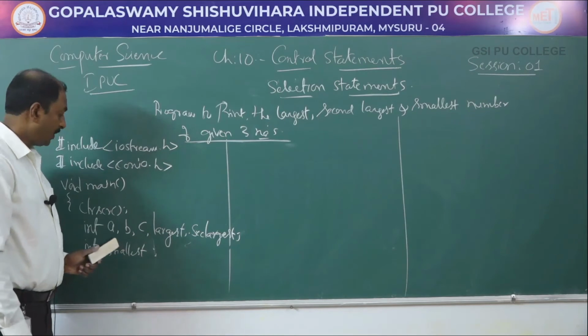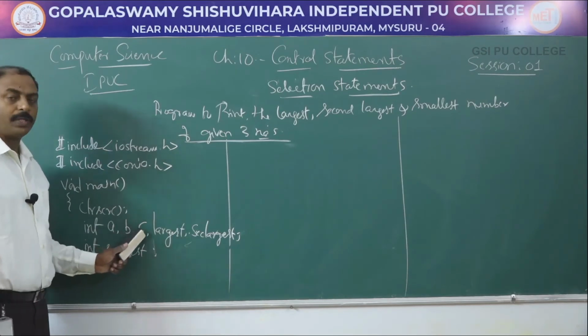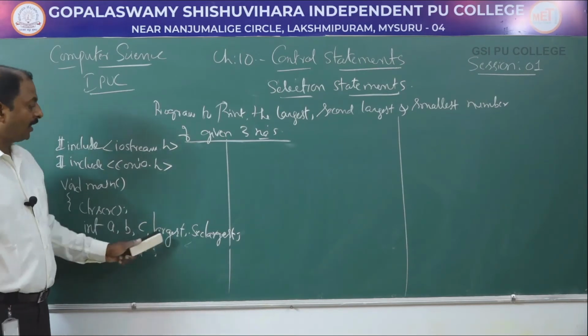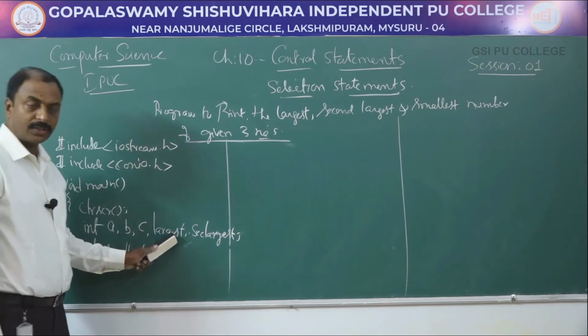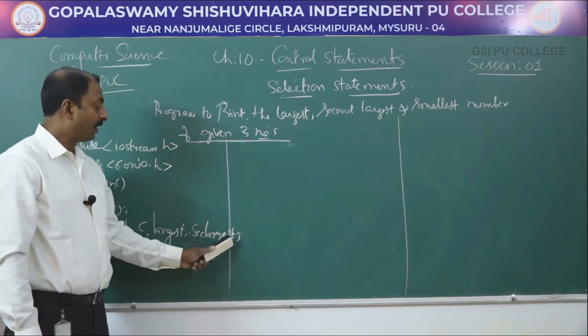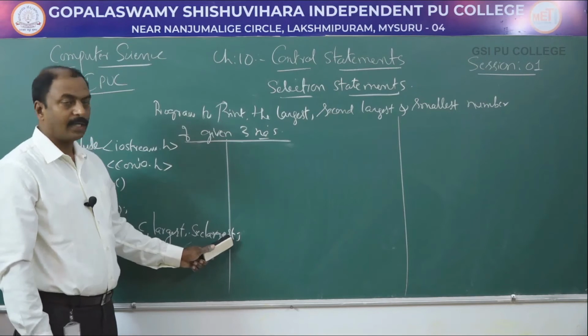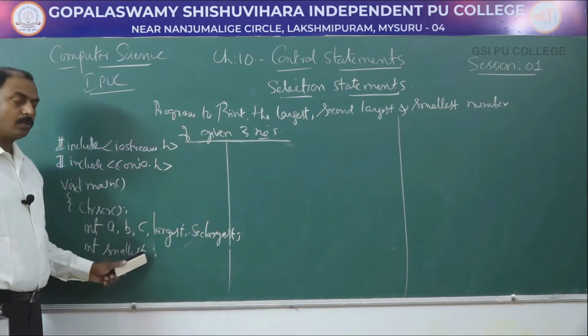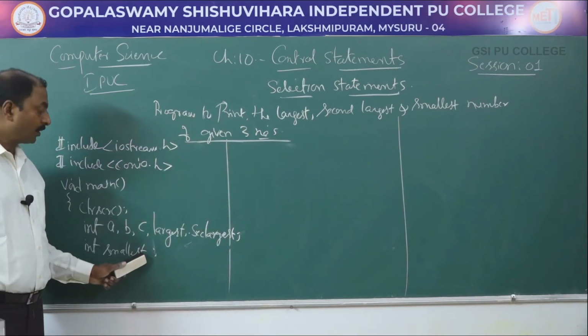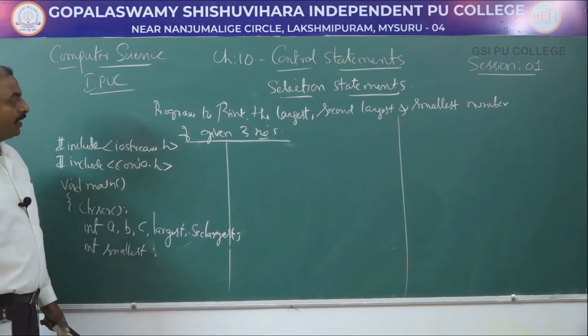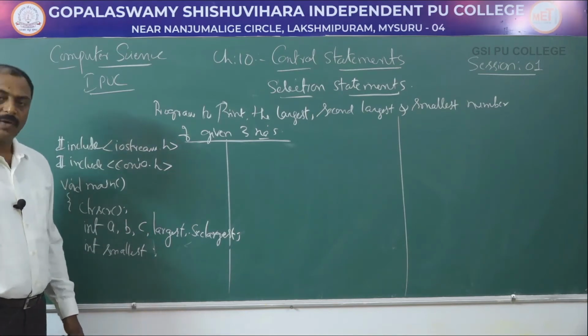Three variables a, b, c, to enter three numbers and to find the largest number. Second largest is to print the second largest, and this is to print the smallest number. So these are the variables. The next step is we have to enter values.